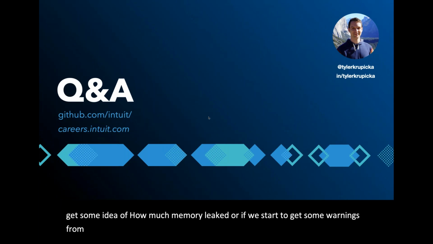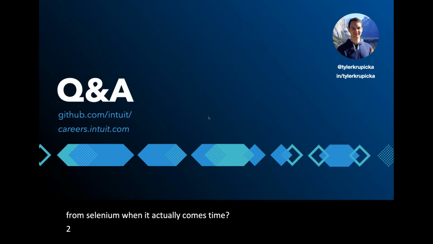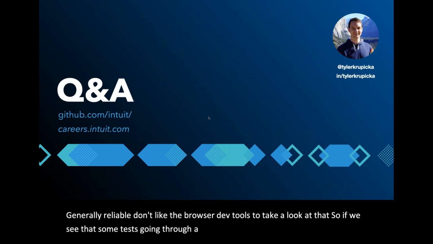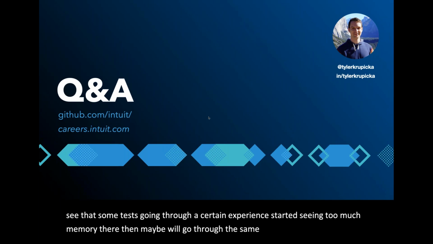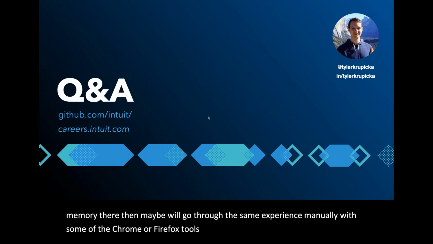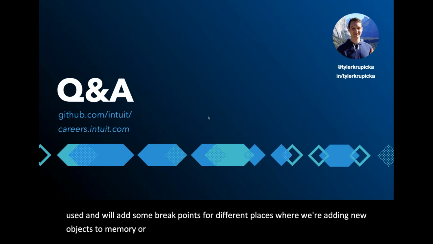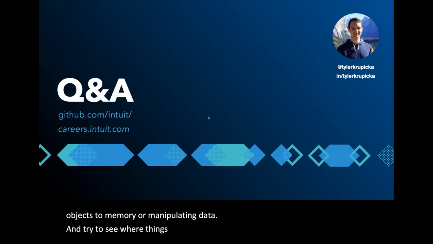When it actually comes time to testing that, we will generally rely a bit on the browser dev tools. If we see that some tests going through a certain experience started seeing too much memory, then maybe we'll go through the same experience manually with some of the Chrome or Firefox tools open to gauge how memory is being used, and we'll add some breakpoints for different places where we're adding new objects to memory or manipulating data, and try to see where things are getting added, but maybe that reference is still around.